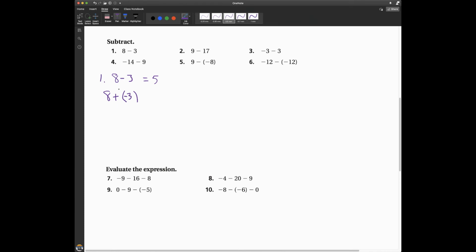So what did I do down here? Add the opposite means add, change the subtraction sign into an addition sign, and then write the opposite of the number. So this is positive 3 here. I change it to negative 3. And then I have my song, same sign, add and keep, different sign, subtract. So I'm going to subtract absolute values. The absolute value of 8 is 8. The absolute value of negative 3 is positive 3.